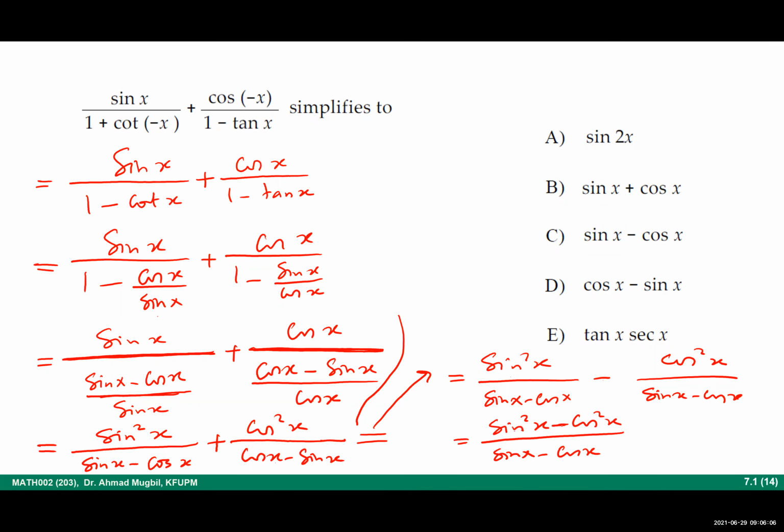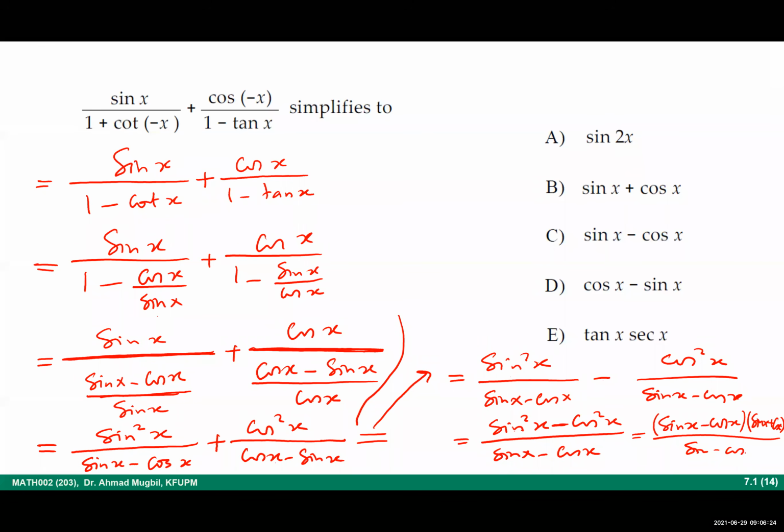Now, we know that sine squared plus cosine squared is 1, but sine squared minus cosine squared, what is it? It is a difference of two squares. So it is sine minus cosine multiplied by sine plus cosine, all over sine minus cosine.